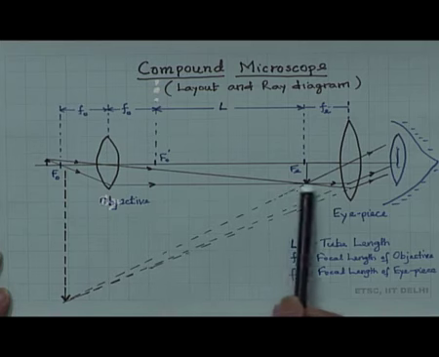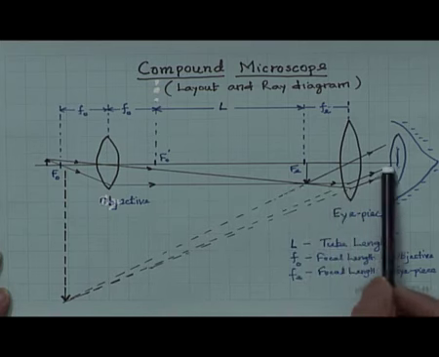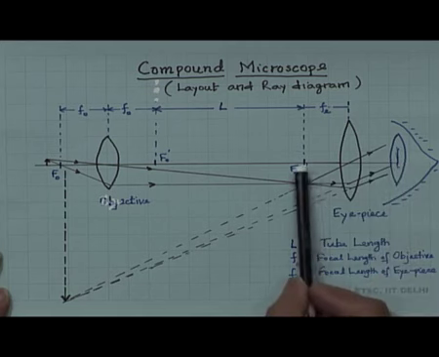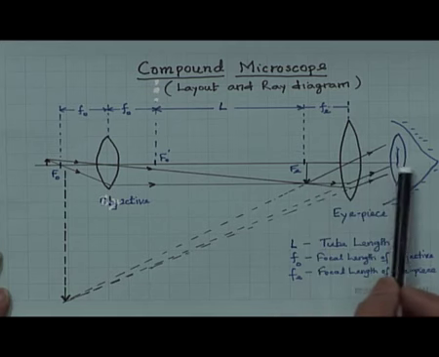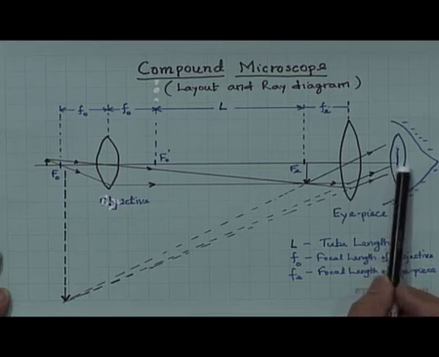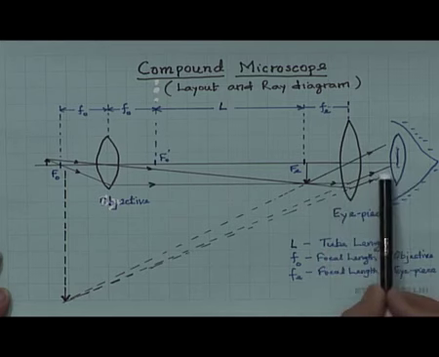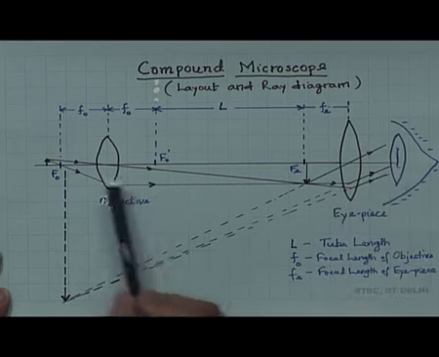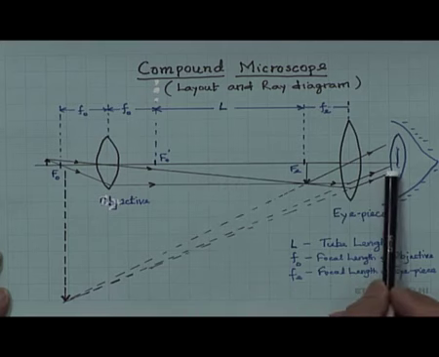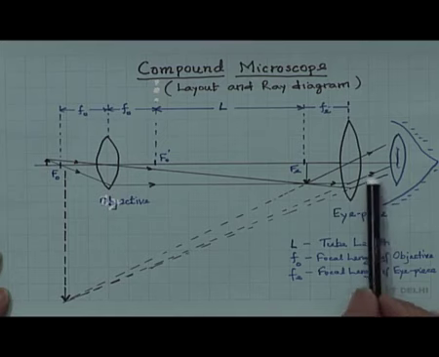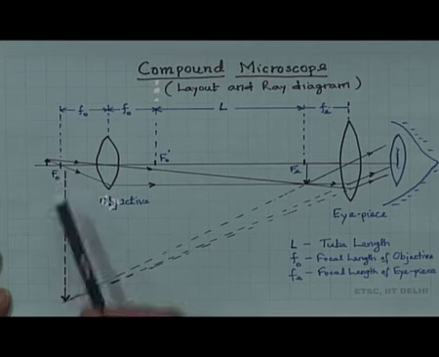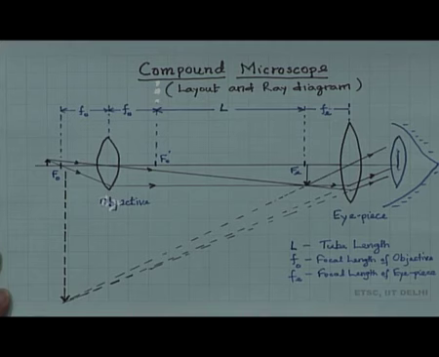So, this is coming parallel, and the parallel ray will again pass through the focus Fe on the other side, the second focus of the eyepiece, and that is how it is going here. This ray bends towards this, and if you project it back, these rays appear to come from a virtual object positioned far away, and this is a magnified image of the object.